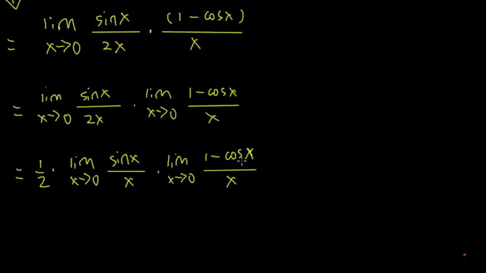Now, let's find out what this limit is equal to. So we have here limit as x approaches 0, 1 minus cosine of x over x. Now, look at this. We have an x at the bottom, which is similar to the limit we just found out, right?